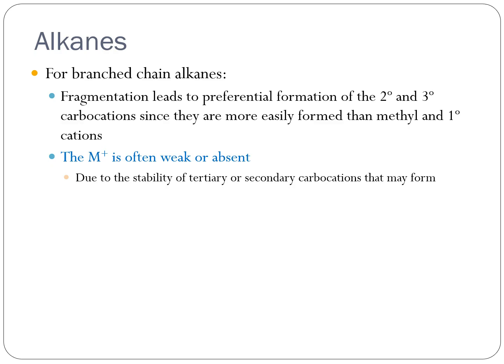We find a lot of the times that when we have branched chain alkanes, the molecular ion may be very, very weak or absent altogether, because we are going to produce so many of the more stable carbocations that the molecular ion, not that it will not be formed, but its relative abundance is going to be a lot less than if you were to just have a straight chain alkane or an alcohol or something like that. So again, these things just give you an idea of what is possible. It's not absolute, it's just things that you have to be able to recognize or be aware of.